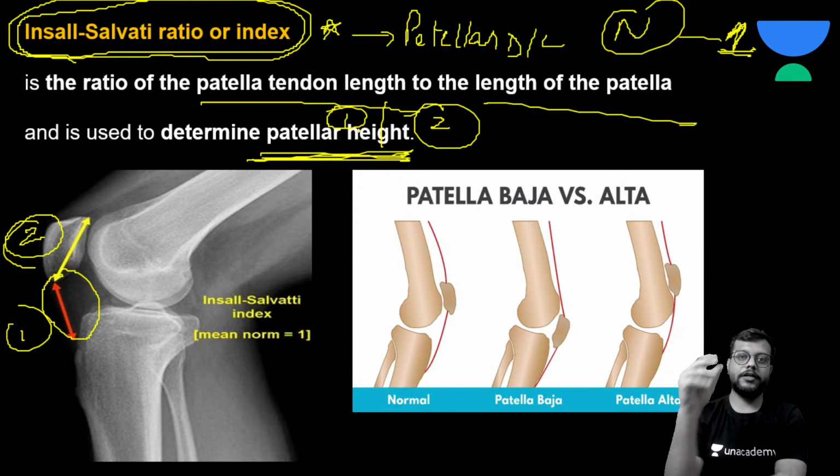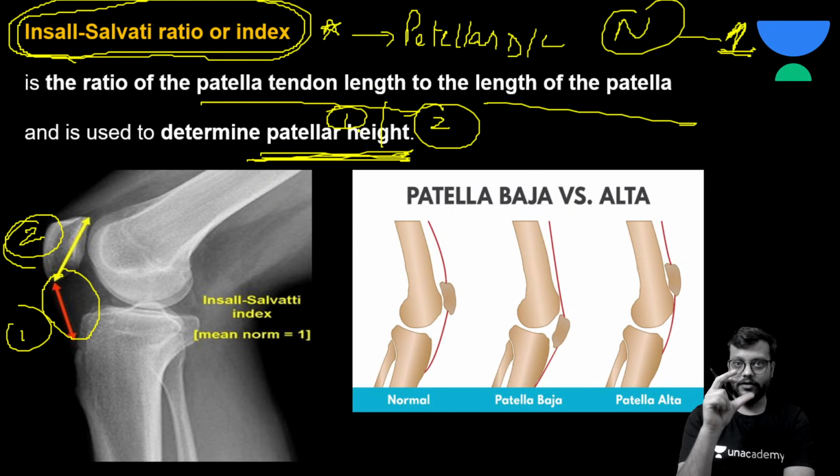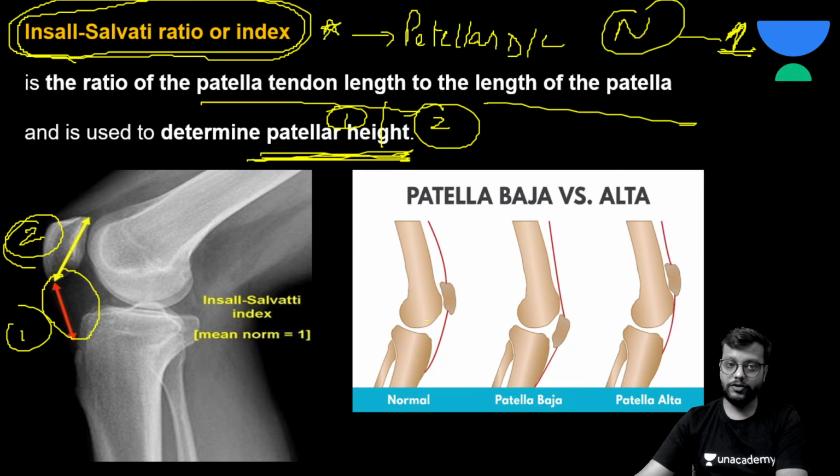So the ratio of patellar tendon length to patella length, used for determining the patellar height, is the Insall-Salvati ratio or index. Normally it is 1. Now if the patella is displaced upwards, towards the femur, it is called patella alta, and the opposite will be baja.